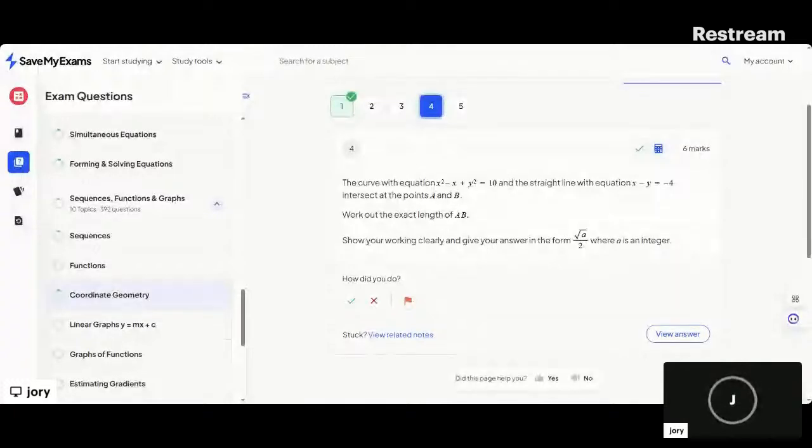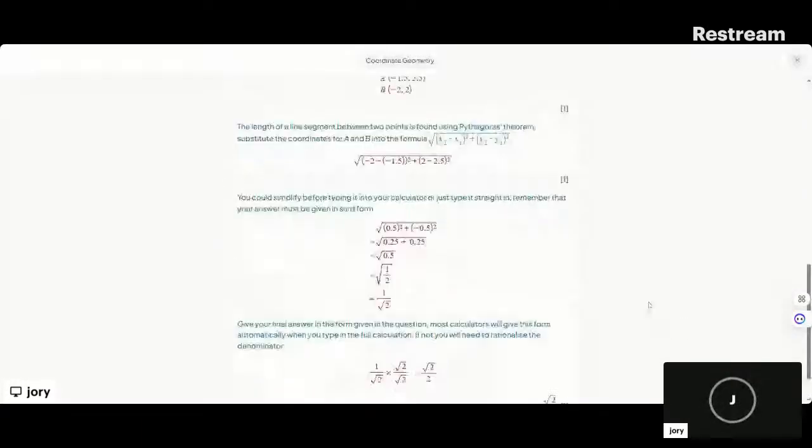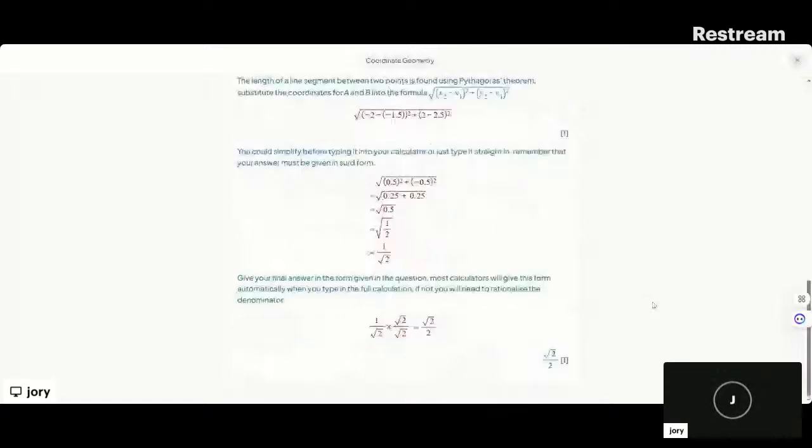Sorry, square root of 8 is 2 root of 2. 2 root of 2 over 2. It's 2 root of 2. It's going to be 4 root of 2. 4 root of 2 if it's going to be over 2, right? And then 4 squared, 16 times 2, root of 32. Root 2 over 2. How does that work?